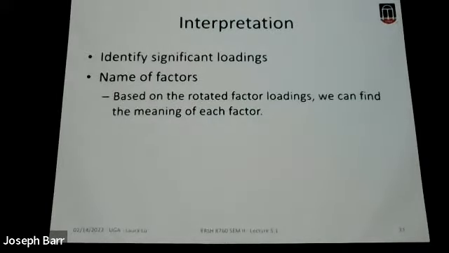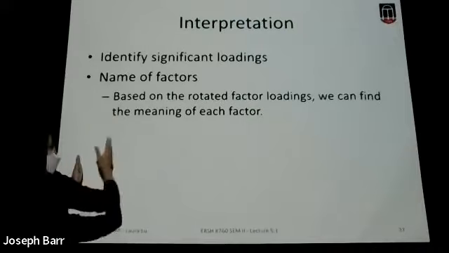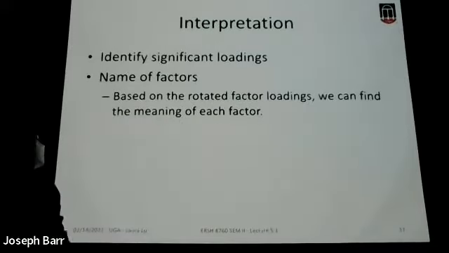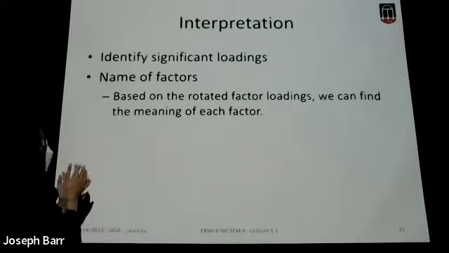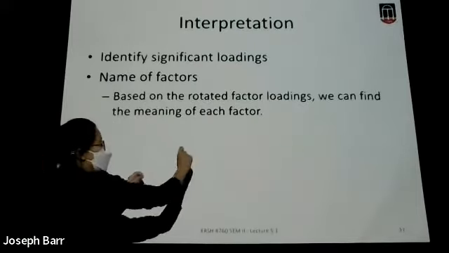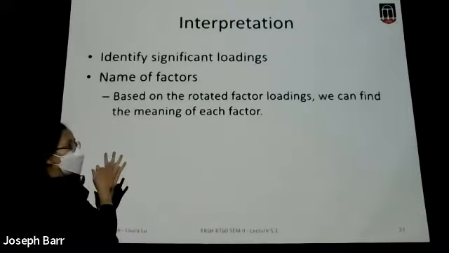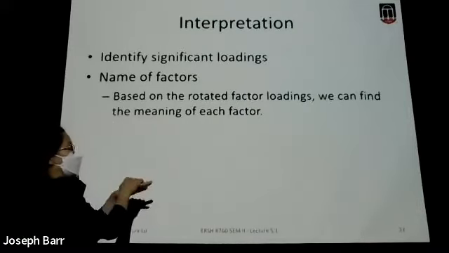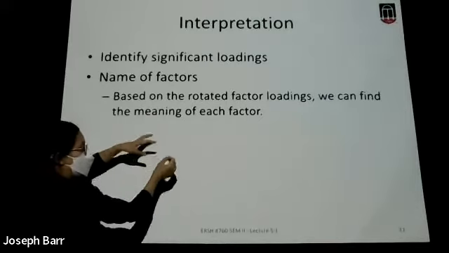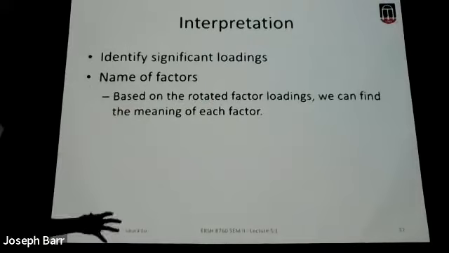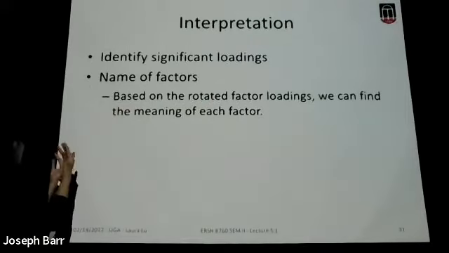The final goal is the interpretation. After we get the whole lambda matrix, we have a lot of lambda loadings. We're going to identify significant loadings. If the loading is really close to 0, people think the cutoff point is 0.3. Some people suggest 0.2. If the loading is less than those numbers, we can just ignore them. And then find the clear pattern.